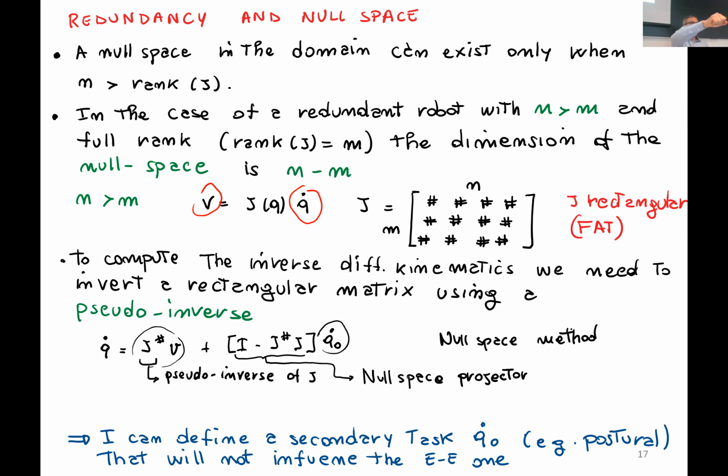We locate the end effector, and then this configuration, for example, to push in this direction, would be less convenient than this one. So you might use the postural task to rearrange the redundant part of the joint configuration to achieve some other task, a secondary task, without affecting the first one.